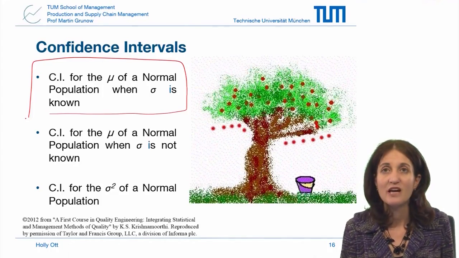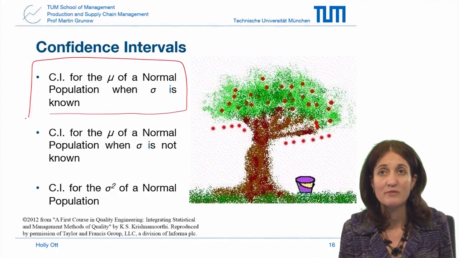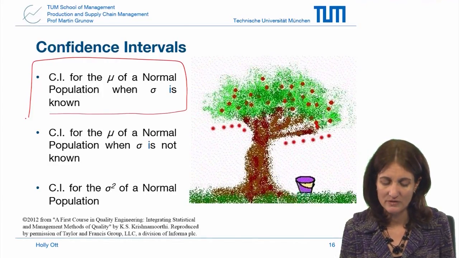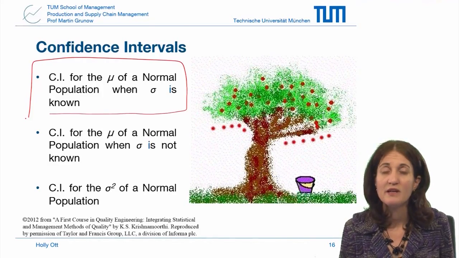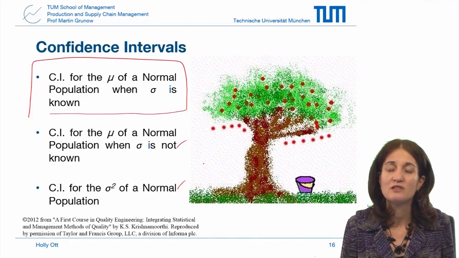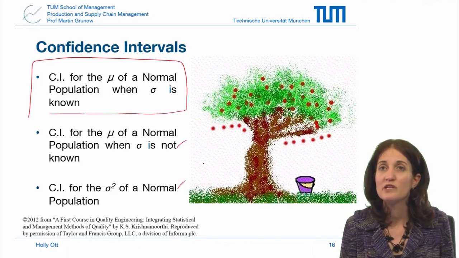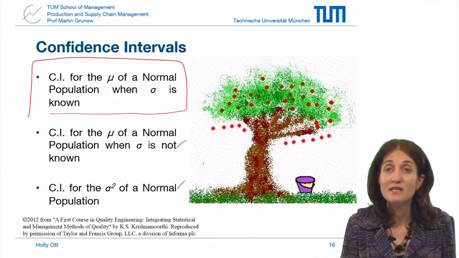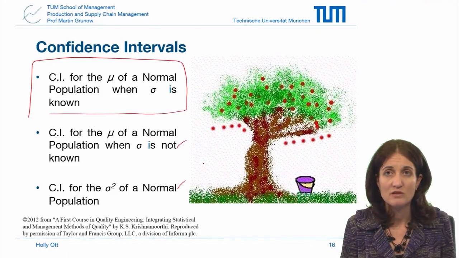We are also interested in other parameters, for example, the variance of a population. We can construct confidence intervals also using other techniques there, and these two are both in our book. And you can construct confidence intervals for the number of defects in a population, or for the process capability of a population, and so forth.